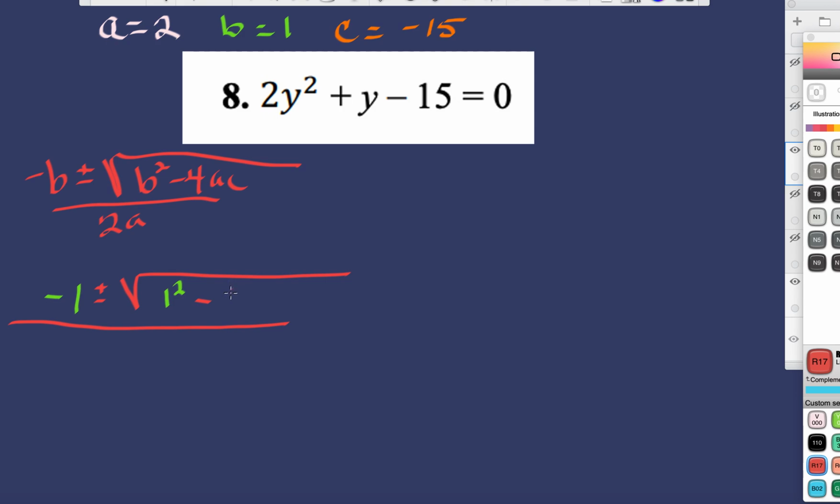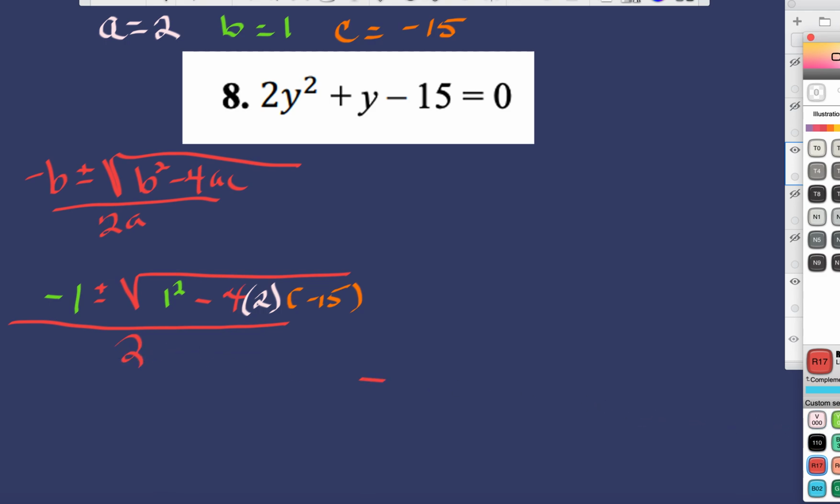minus 4 times 2, and then was that orange, times negative 15. Uh-oh. Okay. So, all of this is over 2.